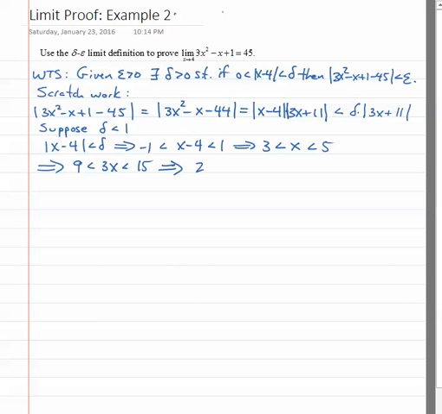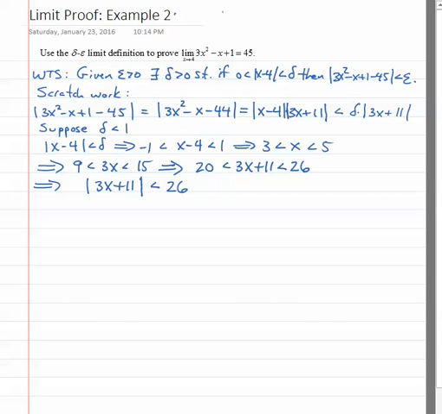And that would give us 20 is less than 3x plus 11 is less than 26. Now, that definitely tells us that the absolute value of 3x plus 11 can be no larger than 26. In fact, we can say the absolute value of 3x plus 11 is less than 26.